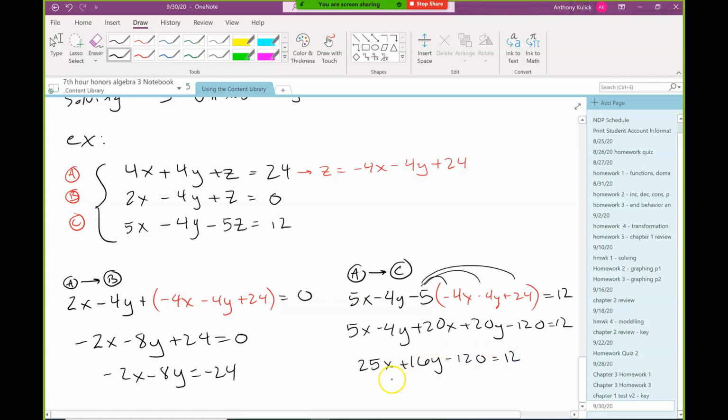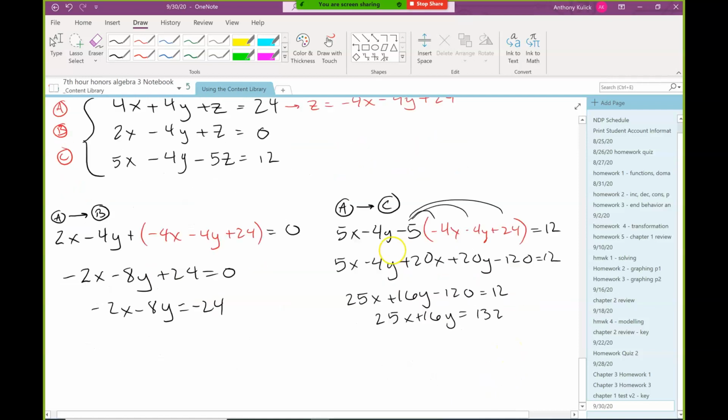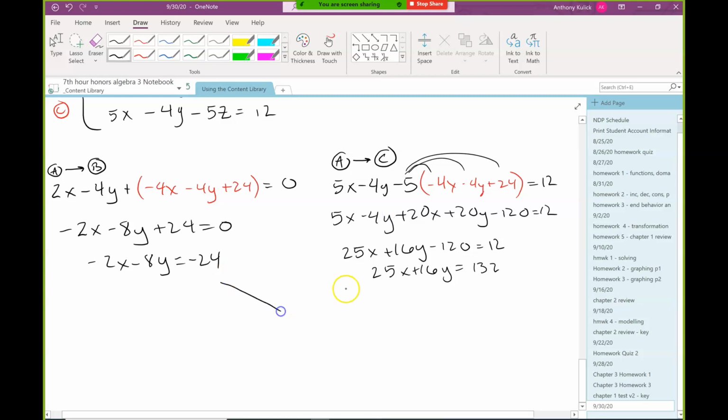And then if I add the 120 over to the other side, I got that. So this I'm going to refer to as equation D, and this one as equation E, and that's going to form a new system. Notice, though, that this new system has only 2 variables instead of 3 variables.